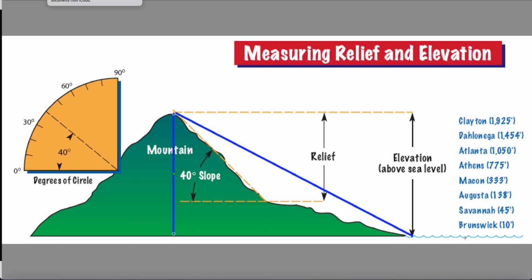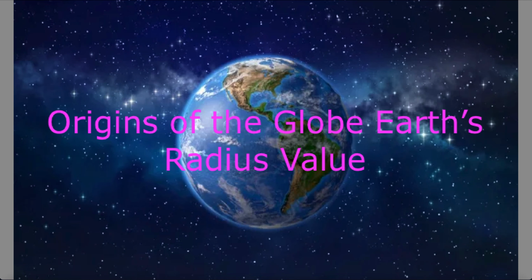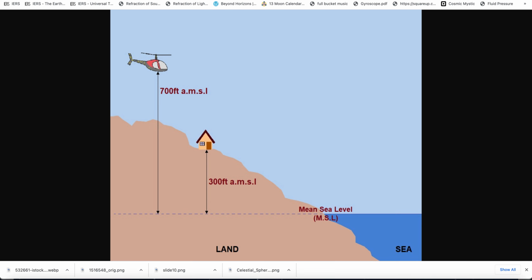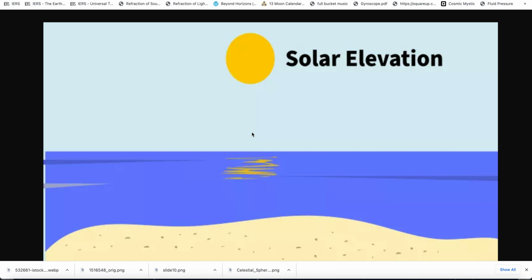It has to reference the horizon. So your elevation angle has to reference the angular distance between the horizon and the celestial body. That's how it's referenced.